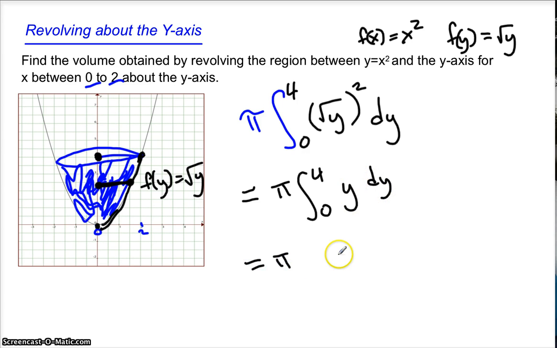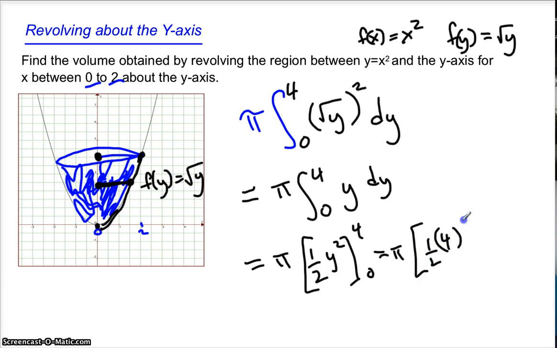So the antiderivative of y is just 1/2 y squared, and we're evaluating that from 0 to 4. So that's pi multiplied by 1/2 of 4 squared minus 1/2 of 0 squared. And 4 squared is 16, divided by 2 is 8. So this is 8 minus 0, and multiplying by pi, we get 8 pi.